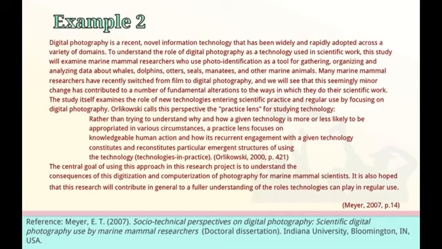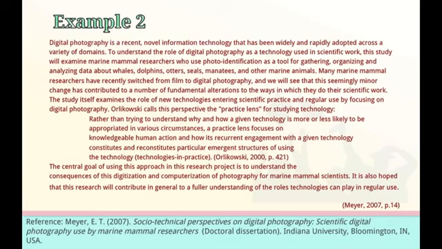So this is the purpose, and this is how this person is going to approach the situation. From this purpose we can derive that there is a problem related to the role of digital photography as a technology used in scientific work. Then this person continues describing things.